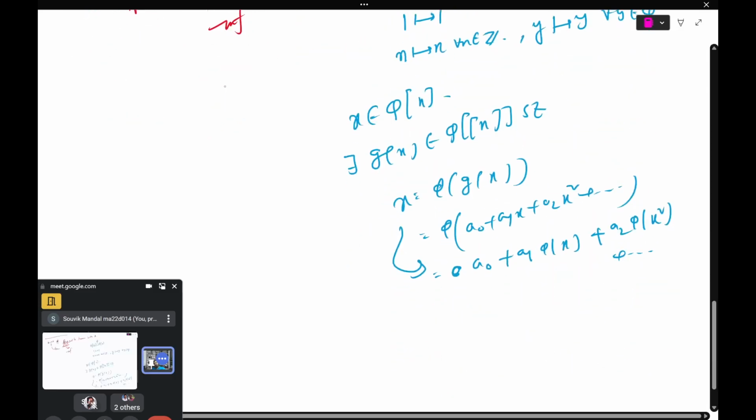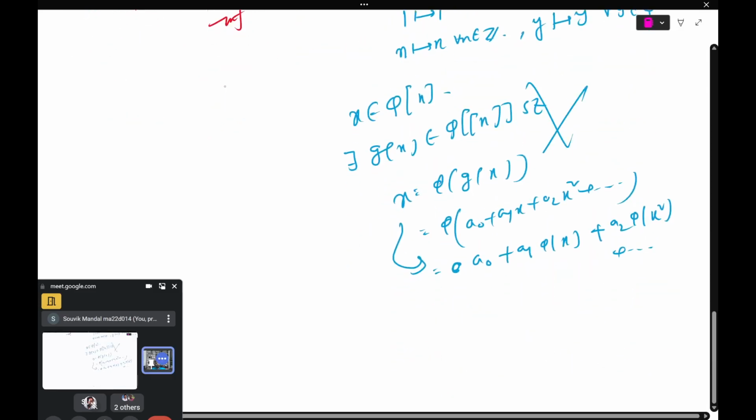Okay, this way will not work, because then no idea what to do.